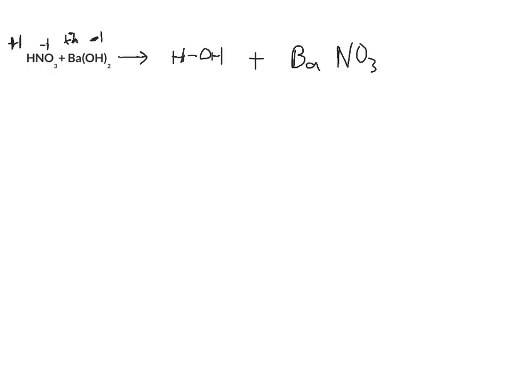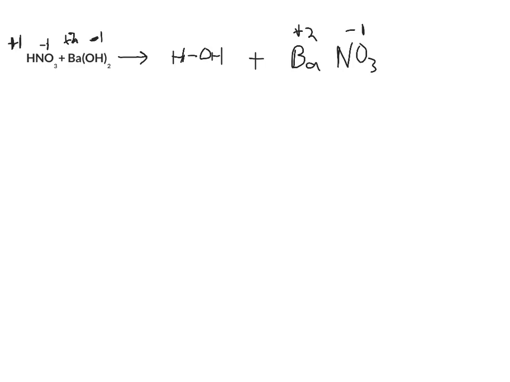However, the charges do not change, so this is still barium 2+, and nitrate is still -1. That means this salt, this soluble ionic compound, isn't correct the way that it's written. All ionic compounds have to be neutral.